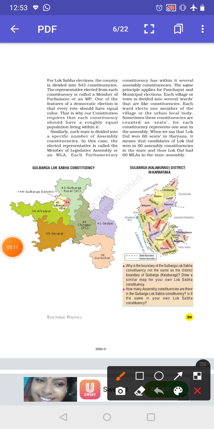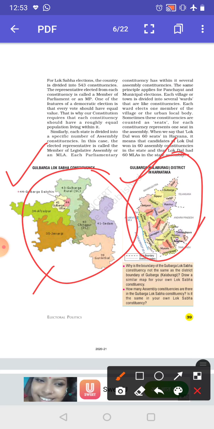Here these two figures are given, showing the examples of the Gulbarga Lok Sabha constituency and the Gulbarga district constituencies in Karnataka. This is to show you the difference between Lok Sabha constituencies and state assembly constituencies, and how different parts and regions are divided into constituencies at different levels.